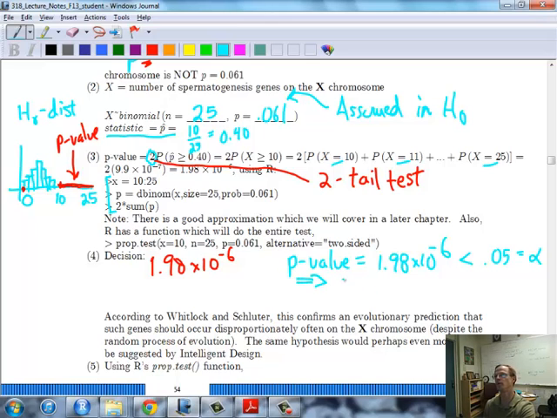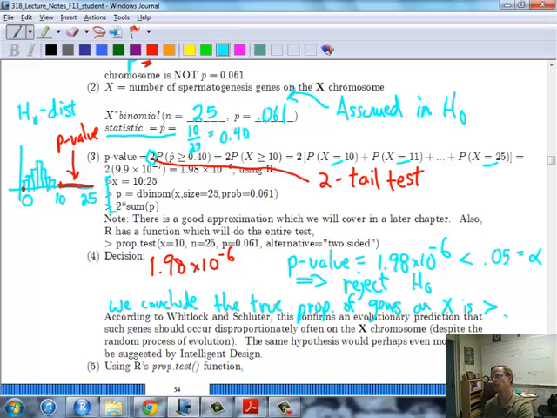That implies that we reject the null hypothesis. And so we conclude the true proportion of genes on the X chromosome is not the 0.061. In fact, it's greater than 0.061.